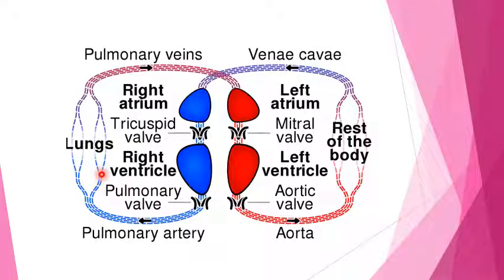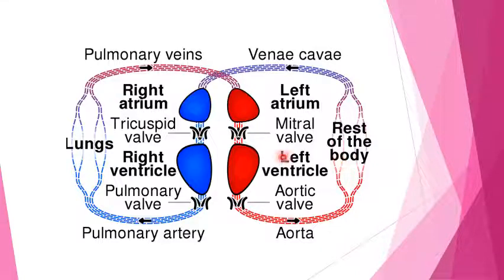Whereas after the same blood gets oxygenated, it is taken by the pulmonary veins and carried to the left atrium. When the left atrium contracts, it passes the blood to the left ventricle through the AV valve or the mitral valve, and then the ventricle contracts and passes the blood to the aorta through the aortic valve, which is the largest artery of our body, to the rest of the body to carry out metabolic activities.